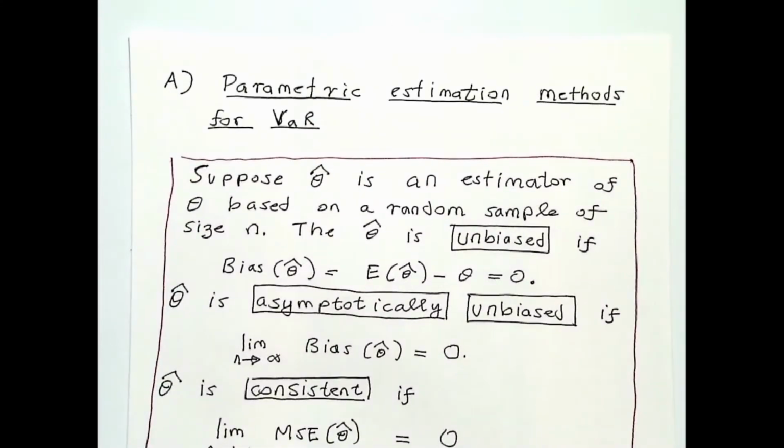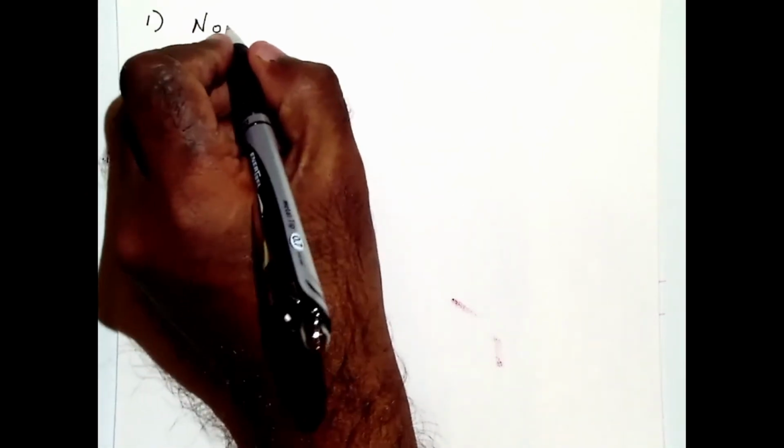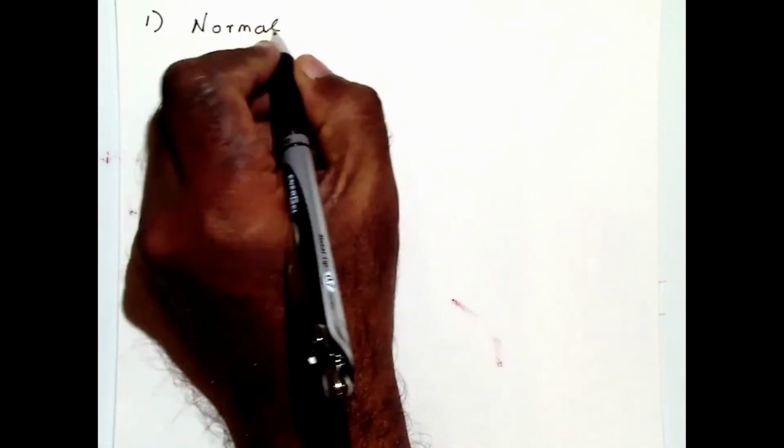Now let me get on with the parametric estimation methods for VAR. So the first method I'm going to talk about is method number 1, which is based on the normal distribution.